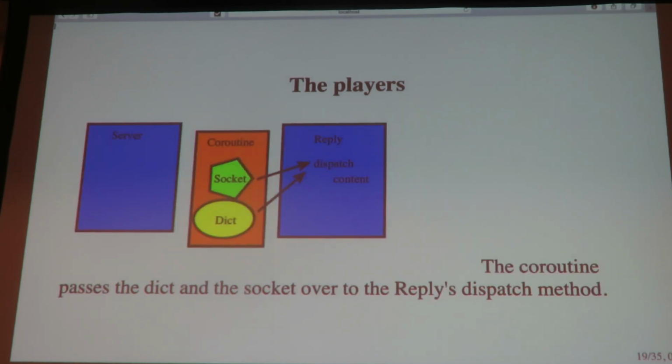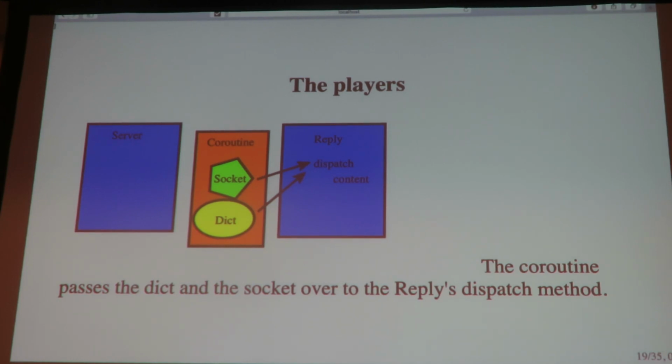There's only one method that the coroutine needs to know to call, and that's a method called dispatch. It just gets the socket and the dictionary.